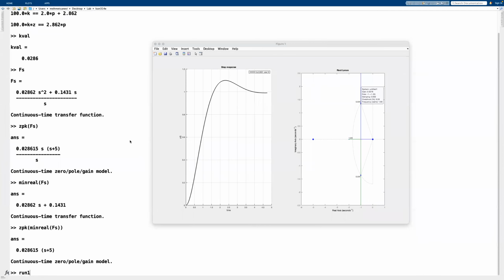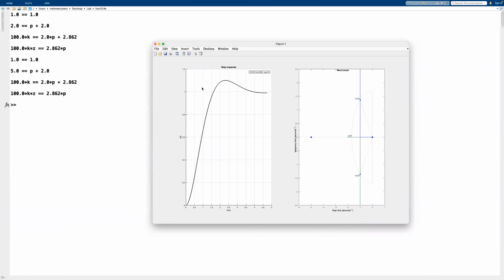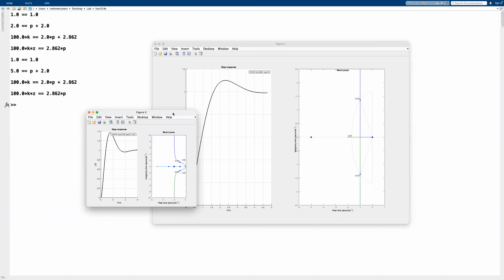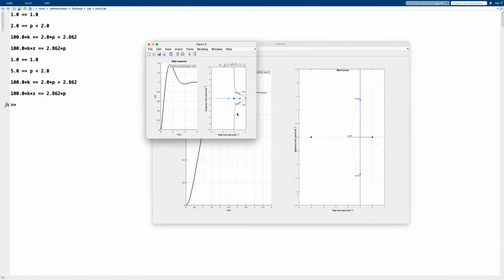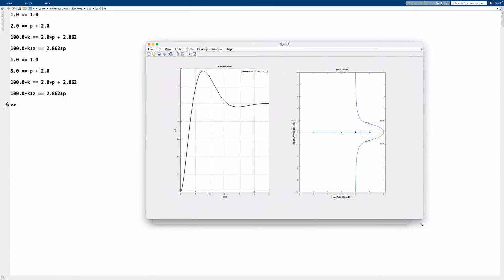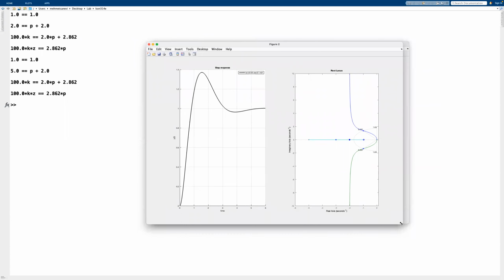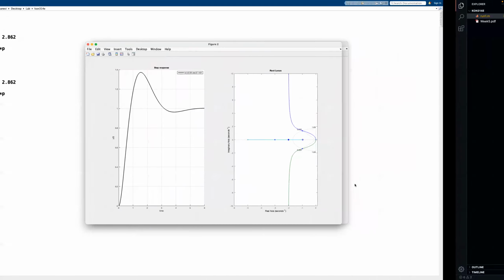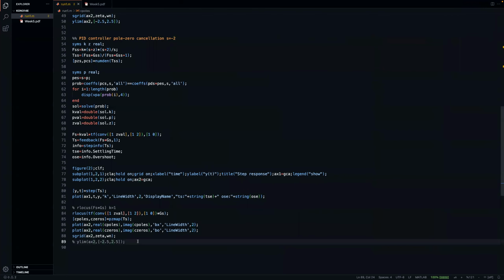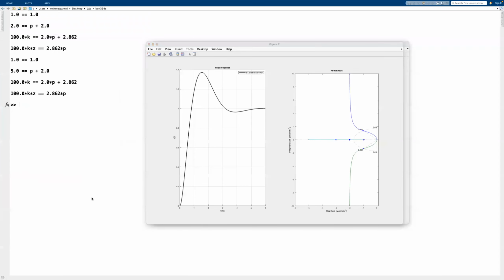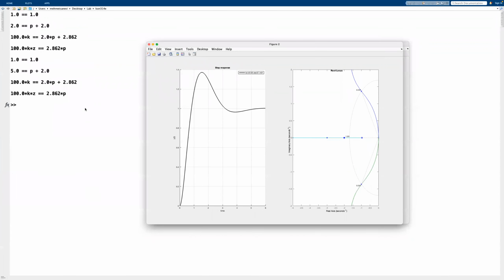So this is another solution. Let's zoom in a little bit. It seems like we should zoom here with 2. So now we can see that this is another opportunity.